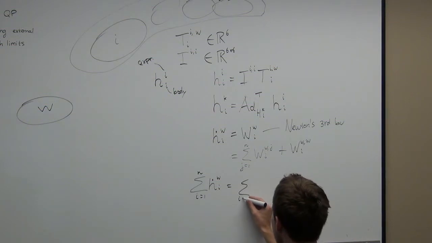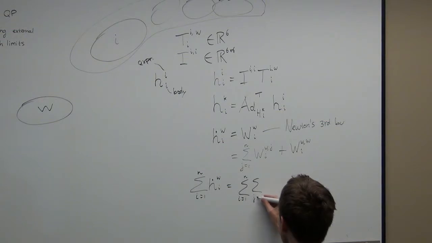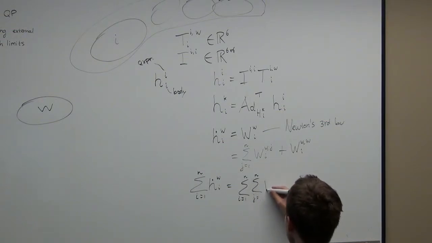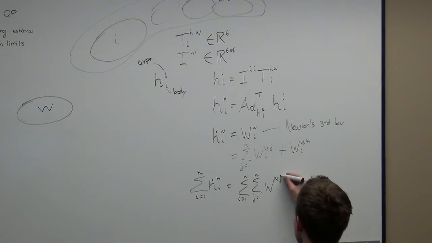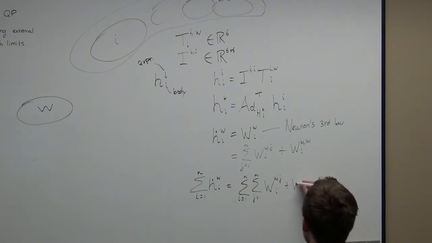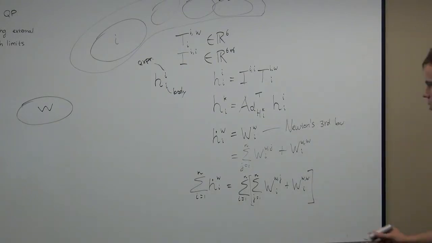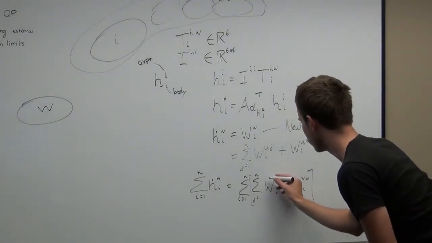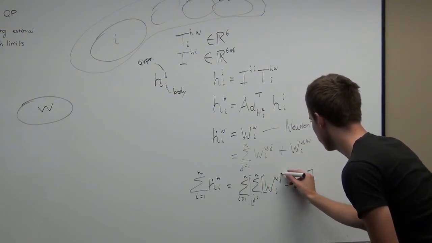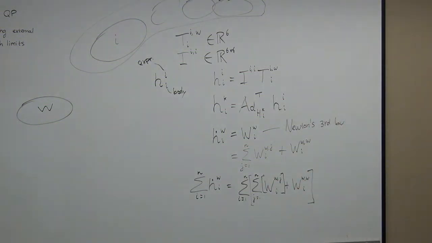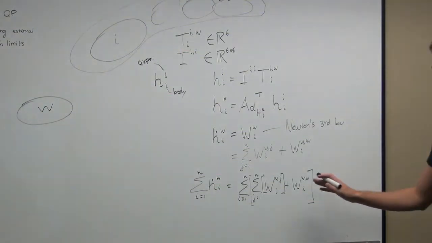Sum I equals 1 through N, sum J equals 1 through N, W J I plus W I. Okay, so now we have an even more complicated equation, but there's this really cool thing.